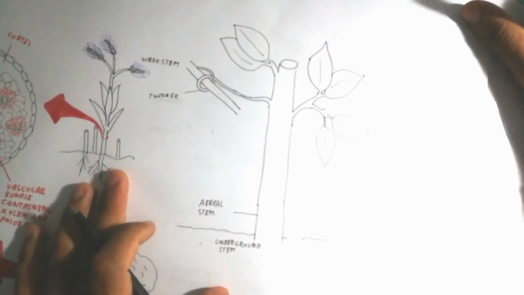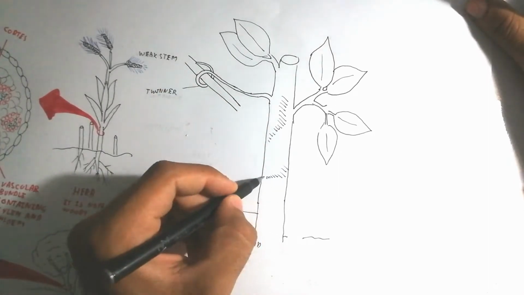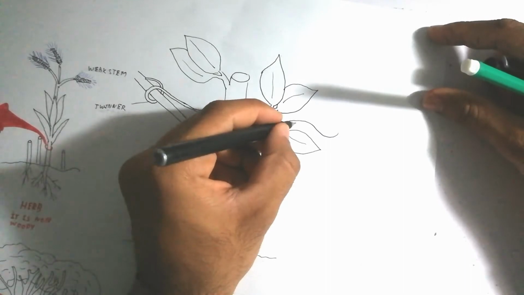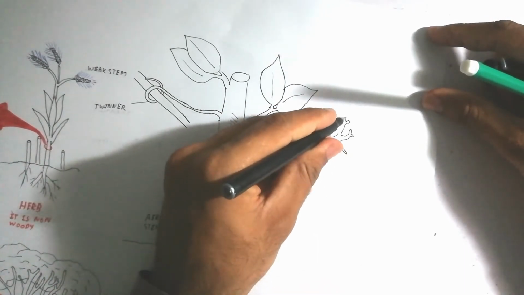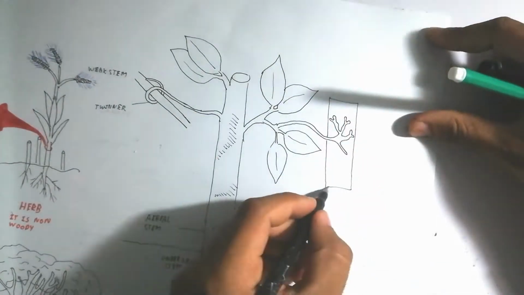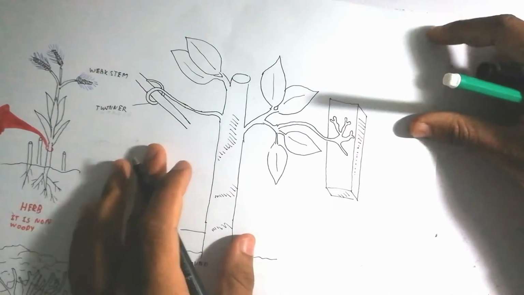So here we will talk about the general structure. I have drawn the general structure of the plant. Here is a very weak stem, which is known as a twiner. A twiner holds onto another object to support the plant.